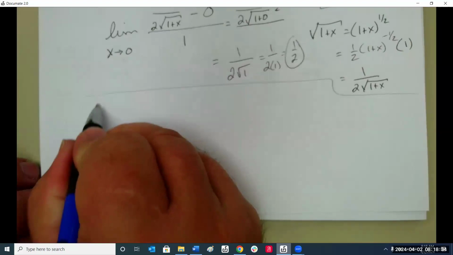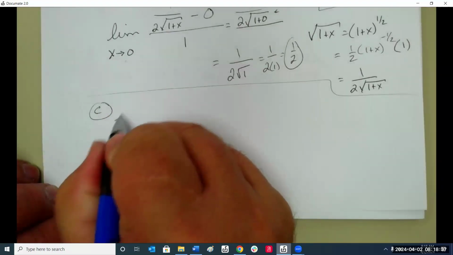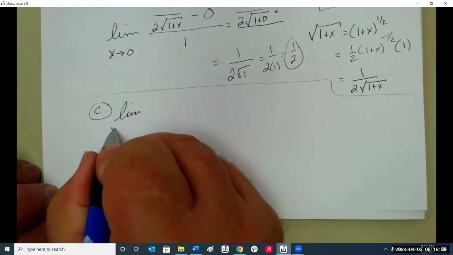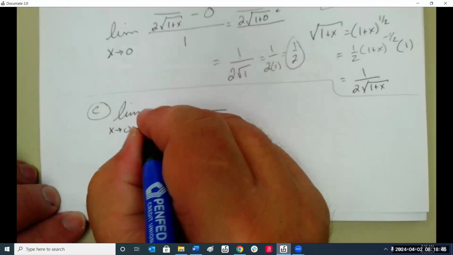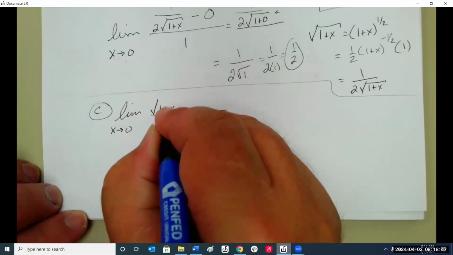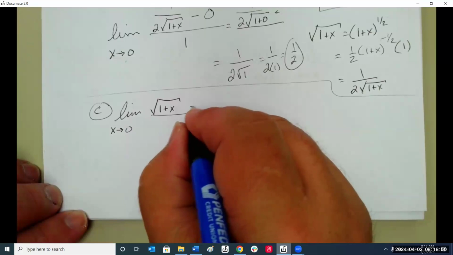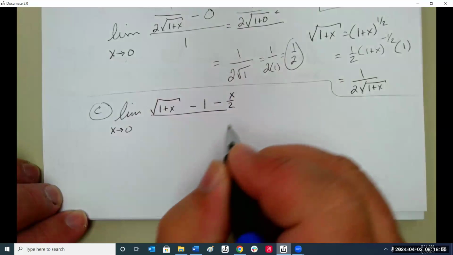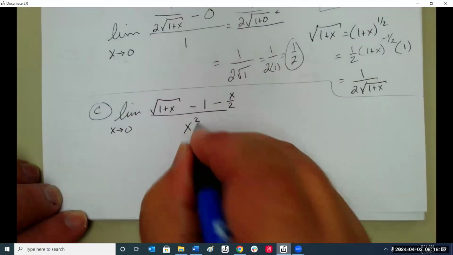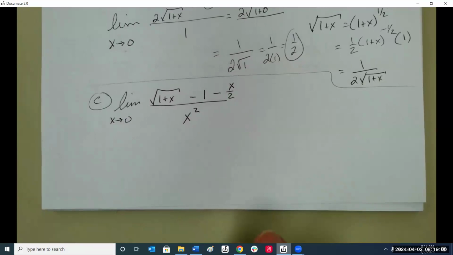Now we have the third one, C. The limit as x approaches 0 of radical 1 plus x minus 1 minus x over 2, over x squared. Actually, I want you guys to do this.